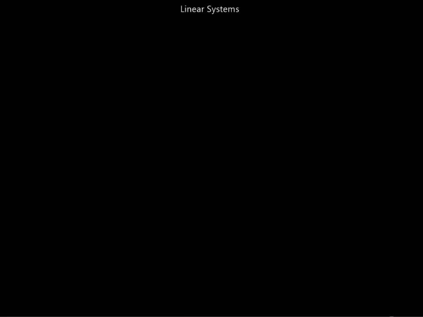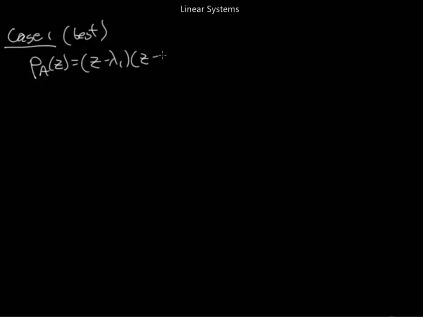Okay, so let's look at solving a system in the various cases. The nicest case is case 1, where the characteristic polynomial has two distinct real roots, lambda 1 and lambda 2, and you find the corresponding eigenvectors.